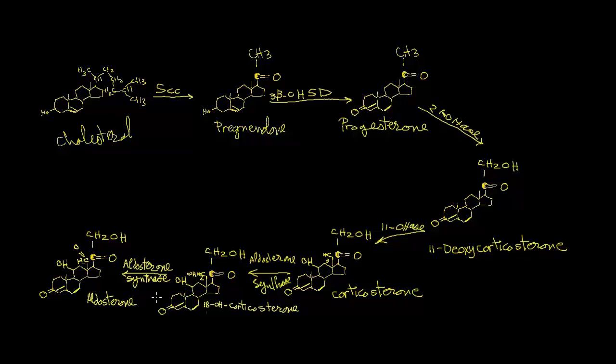So angiotensin II stimulates the conversion of cholesterol to pregnenolone, the cleavage step, and corticosterone to 18-hydroxycorticosterone and aldosterone. And this stimulation is via G protein-induced increase in IP3, calcium ion, and diacylglycerol.